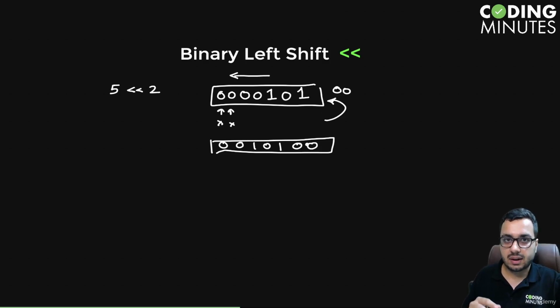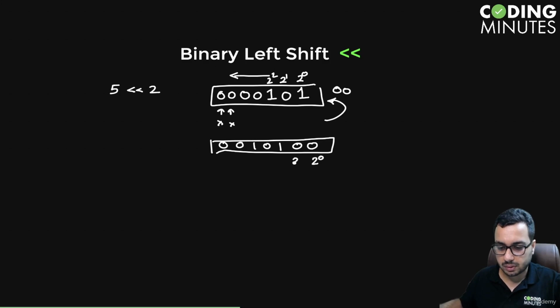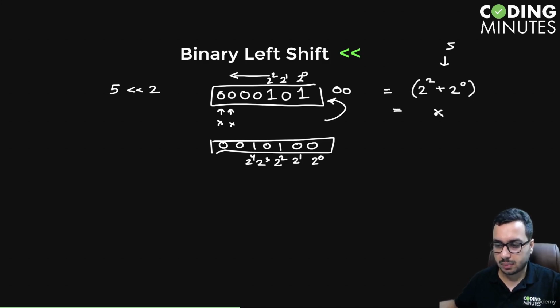Now if you try to understand what is the difference in this number, so this was 2 raised to the power 0, this was 2 raised to the power 1, this was 2 raised to the power 2, and here it is 2 raised to the power 0, 2 raised to the power 1, 2 raised to the power 2, this is 2 raised to the power 3, and this is 2 raised to the power 4. So what is the original number? The original number is 5, and that is equal to 2 square plus 2 raised to the power 0, and let us call this number x.